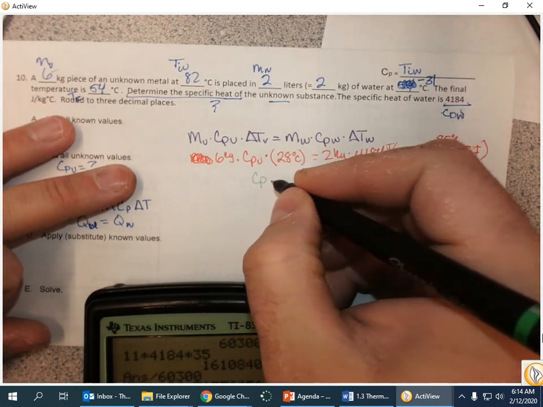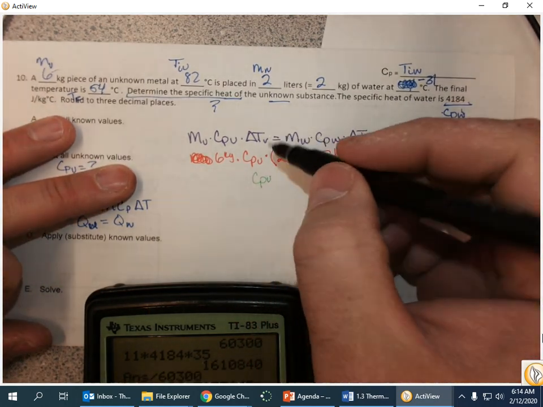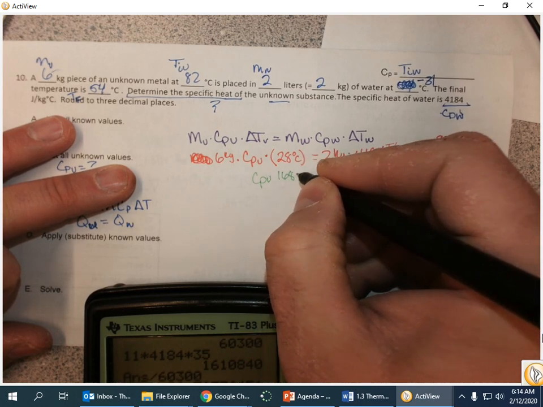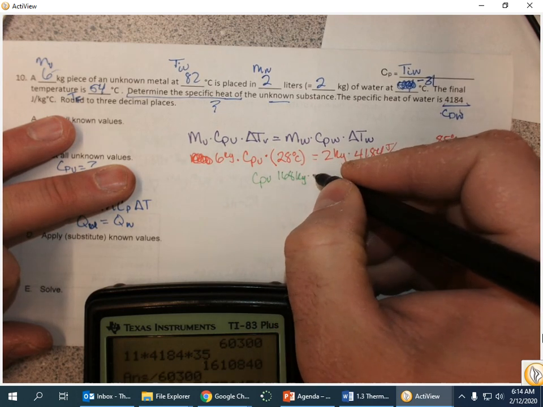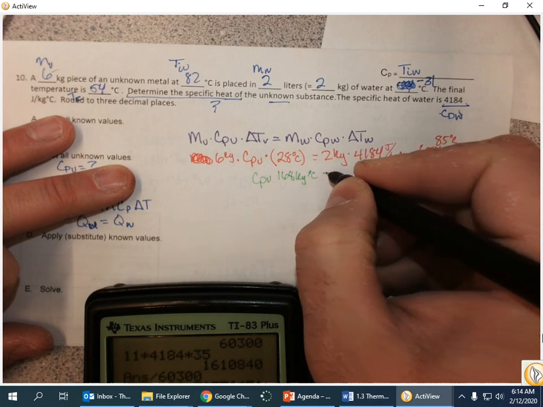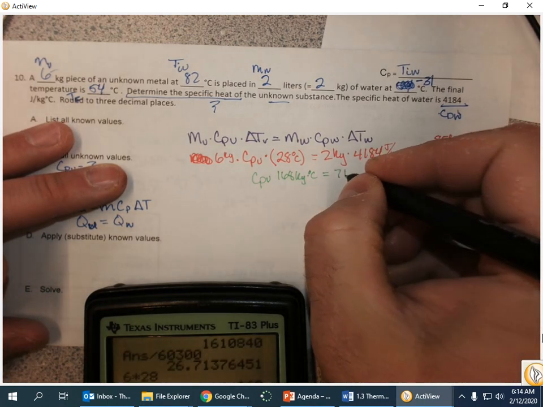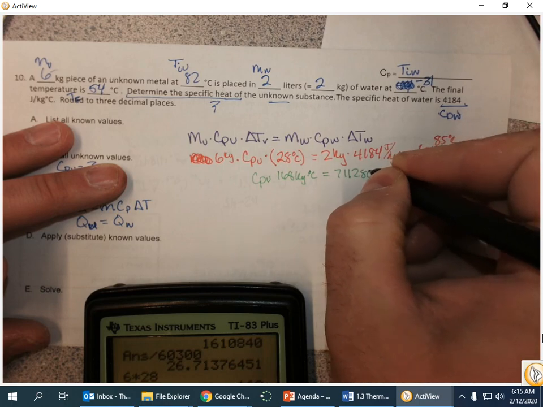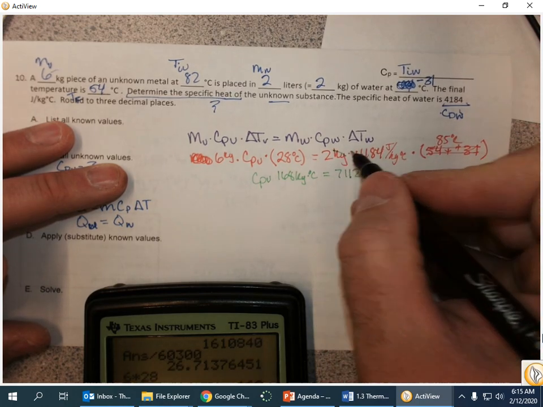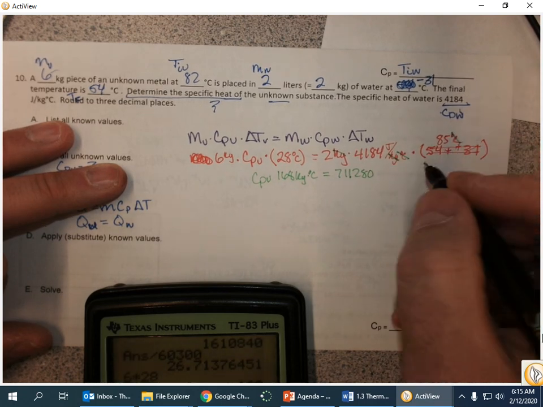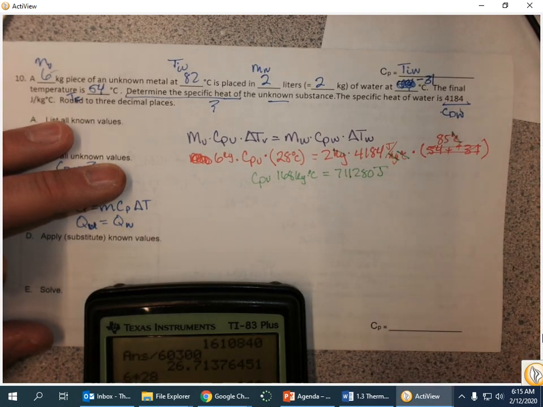So specific heat capacity of the unknown sticks, and I'm going to have 168 kilograms times degrees Celsius equals 2 times 4184 times 85, which is 711,280. The kilograms canceled, the degrees Celsius canceled, so that's just straight up joules.